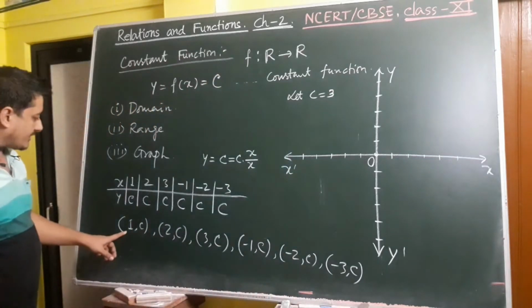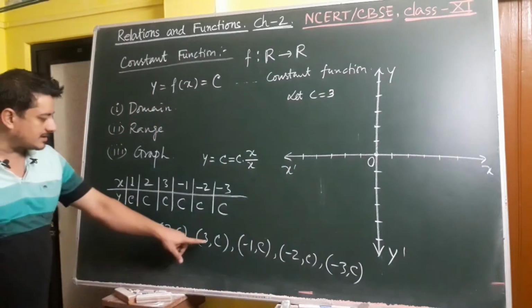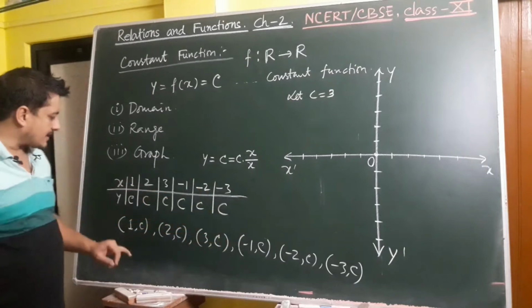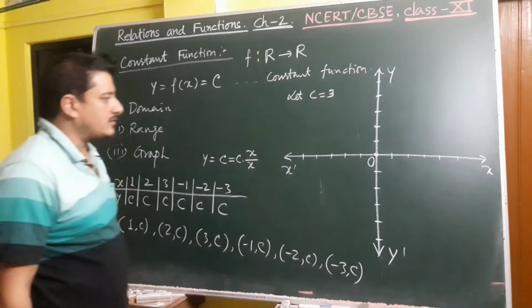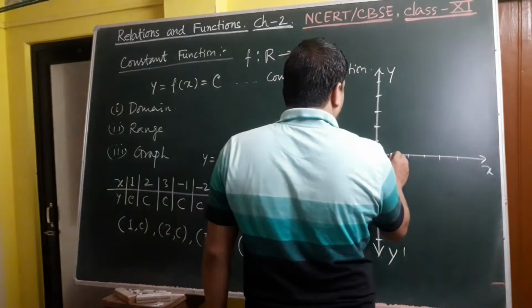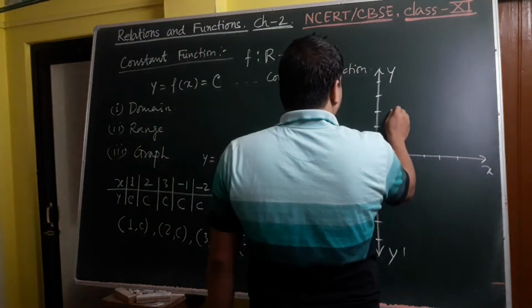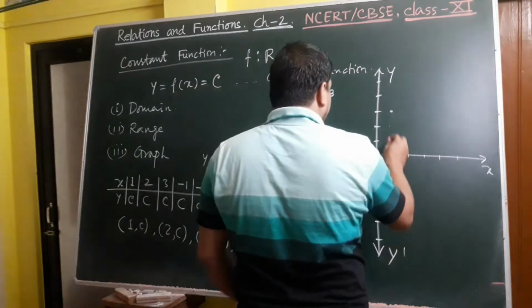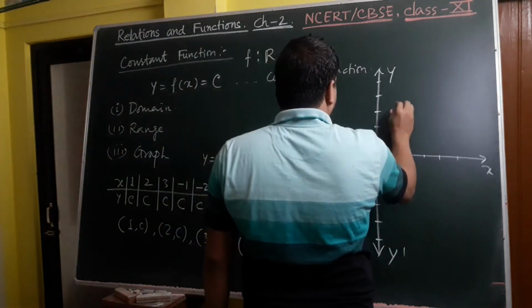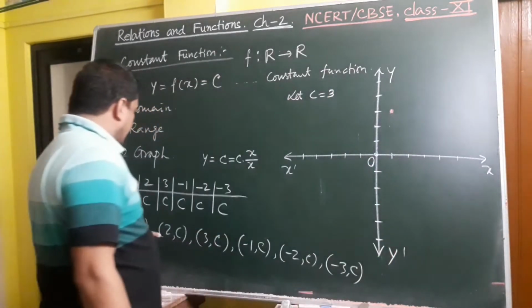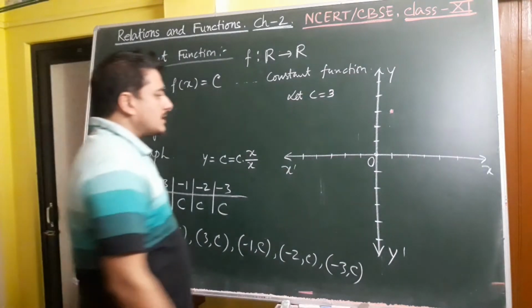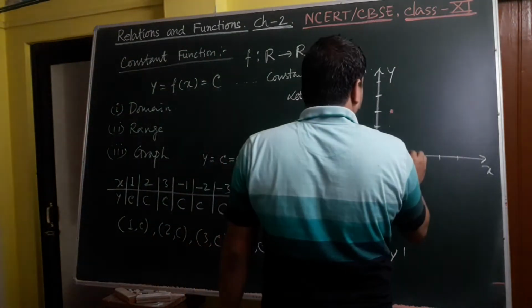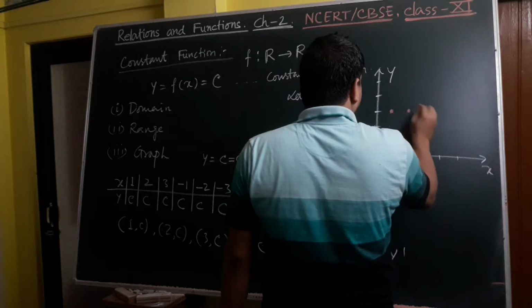So what are the points that I am getting? 1, 3; 2, 3; 3, 3; minus 1, 3. First I'll locate 1, 3, somewhere here. Then 2, 3, which will be somewhere here.